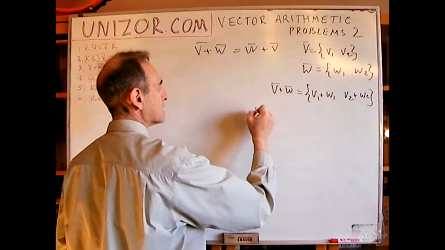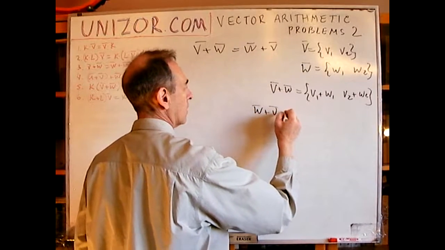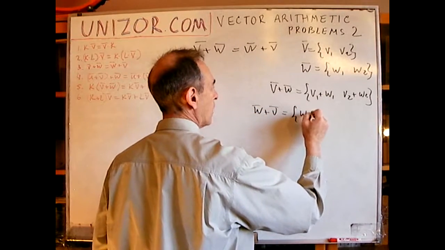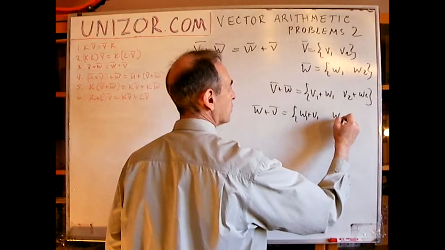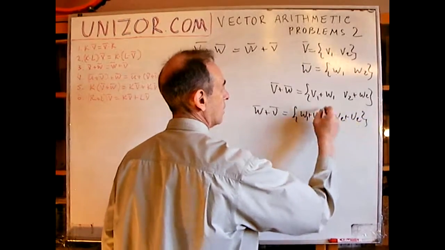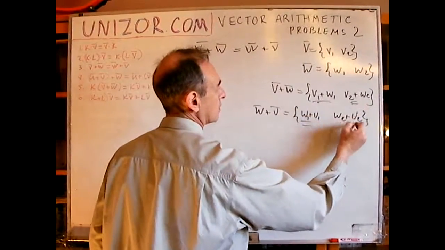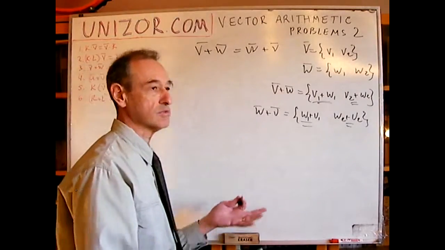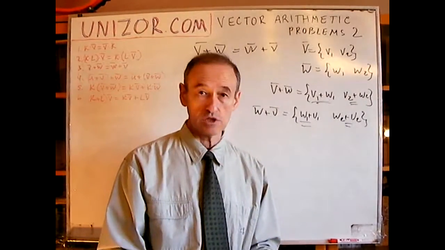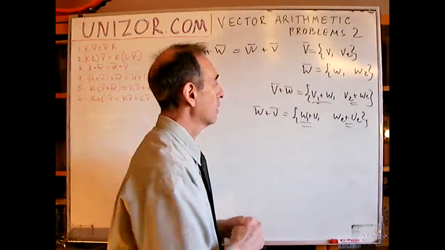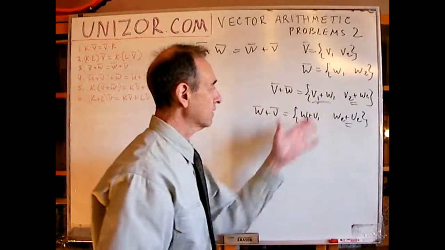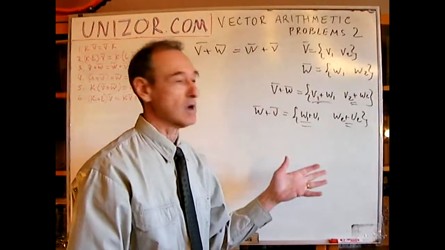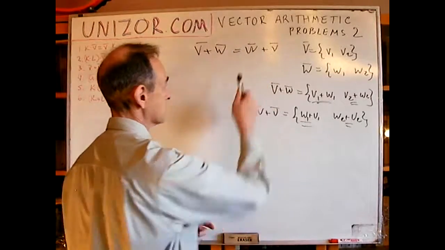Now, what is W plus V? Well, this is (W1 plus V1, W2 plus V2). But these are equal to each other, right? Because of the commutative law of addition of real numbers. So if these two tuple representations are the same, so vectors are the same, that's the proof of it.